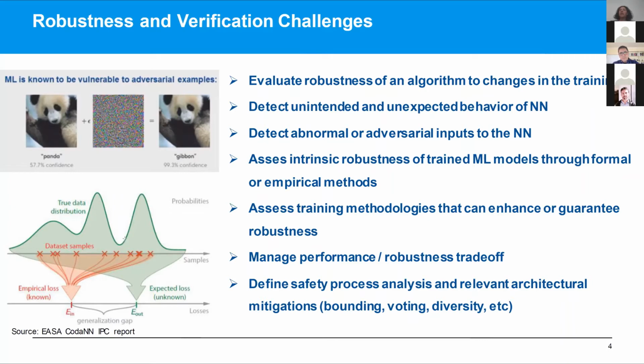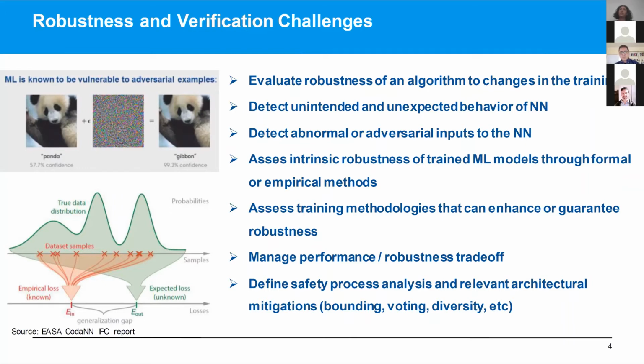And then another aim would be to have an assessment of the methodologies that can guarantee the enhancement of the robustness. Last but not least, there is, of course, a trade-off between performance and robustness for all these models, and we should be aware in the standard about the requirements that we ask in order to ensure both of these axes of evaluation of performances for a model and not only one, of course.